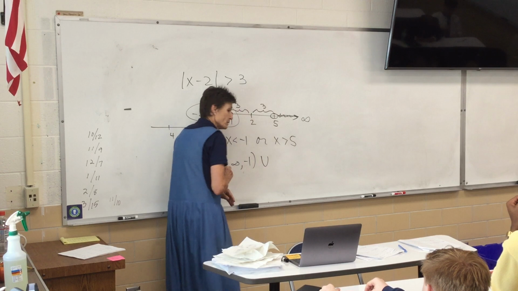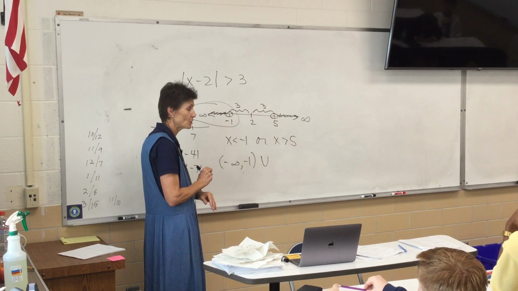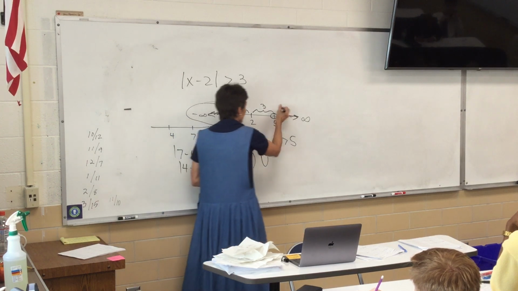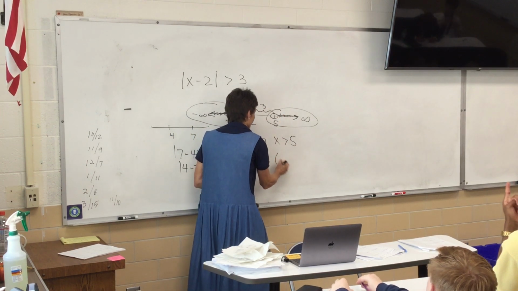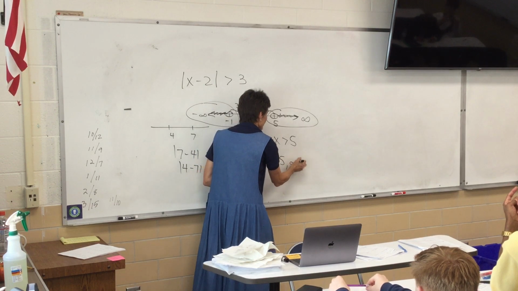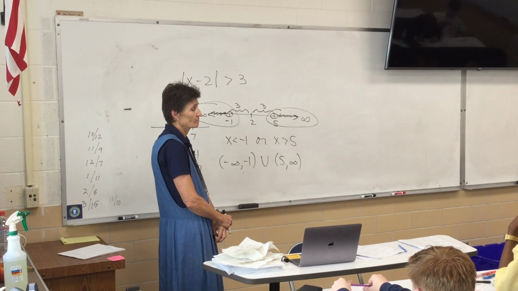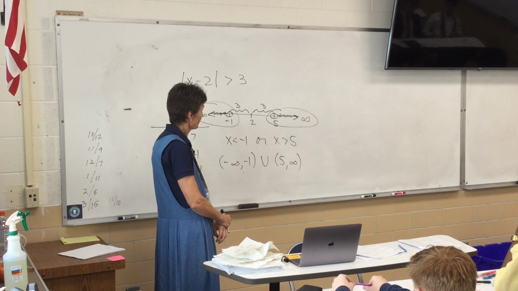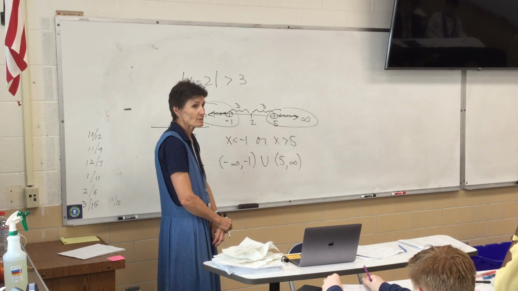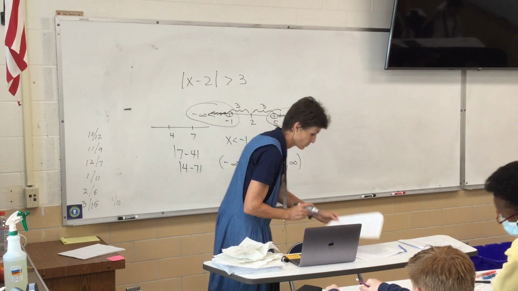Or, and that's the symbol we use for or, U, union, the U. What would this one look like? 5 to infinity? That's interesting. That's a different way maybe of doing that problem, but it's the calculus way.